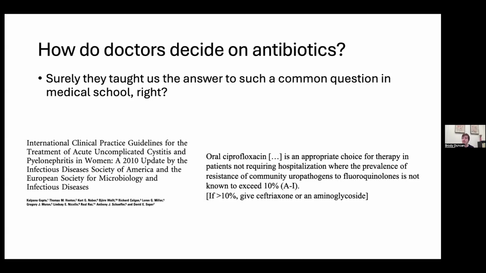And then they say your alternative agents could be like a ceftriaxone or an aminoglycoside, depending how sick they are. So here you can see that there's a bit of nuance, right? They still have fluoroquinolones at the top of their list for patients similar to this, but there's this caveat. It's not just straight use ciprofloxacin. It's you can use ciprofloxacin if you have this background data on resistance.